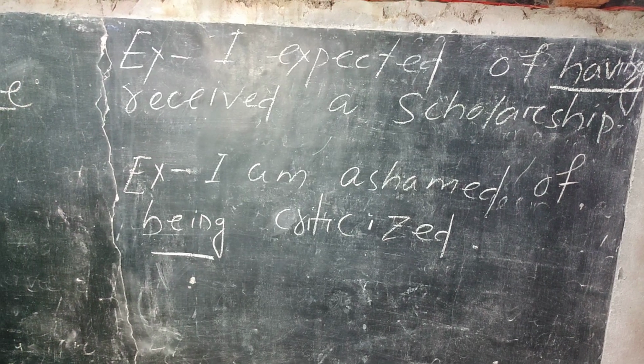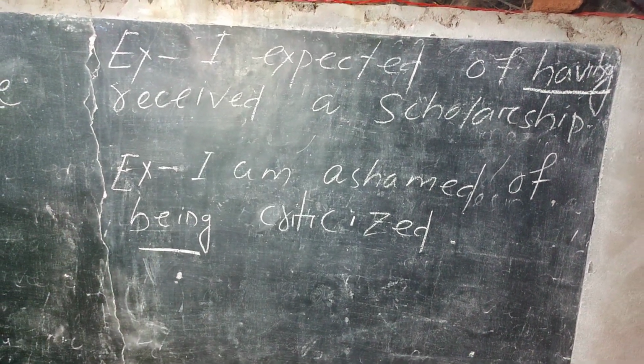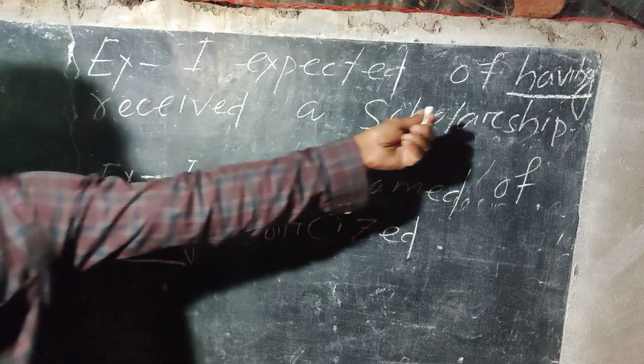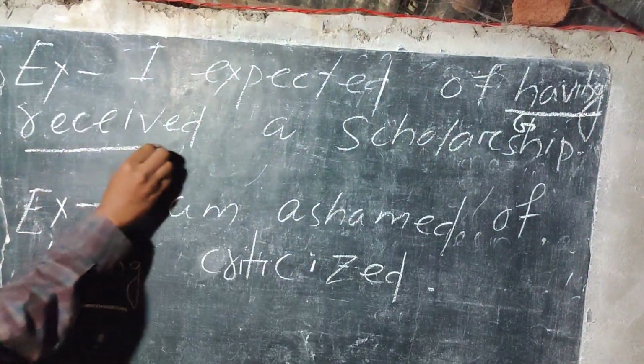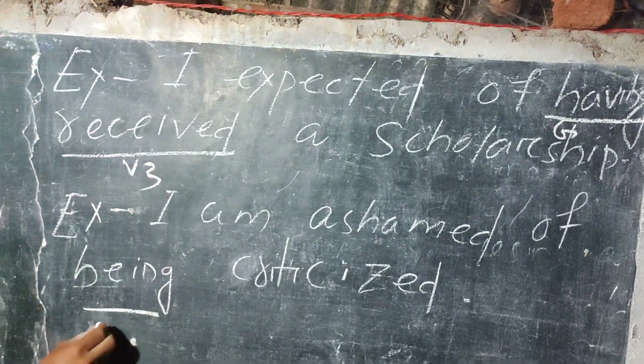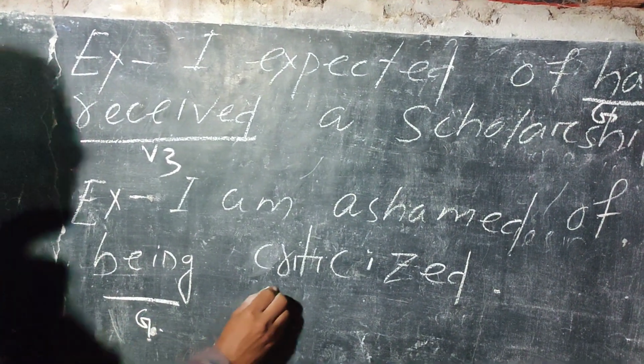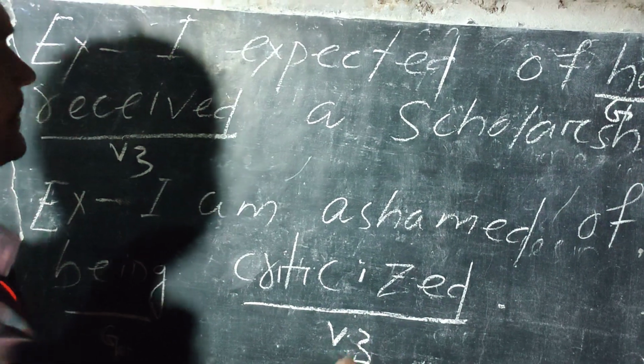And they can be appropriated. So here having is the gerund and received is the V3. Being is the gerund and criticized is the V3.